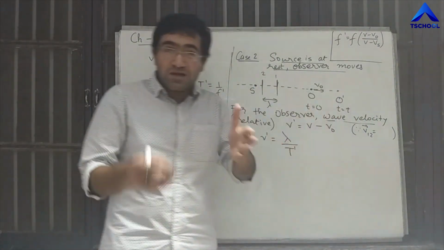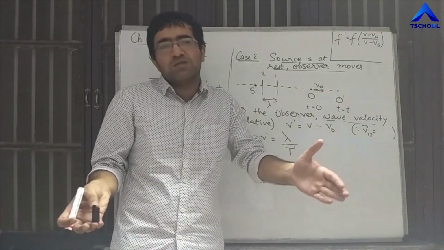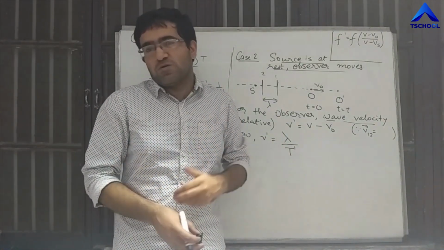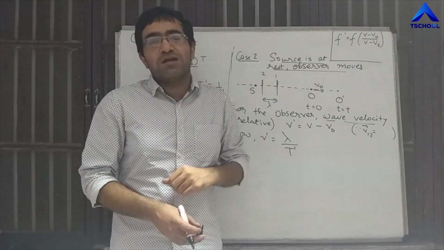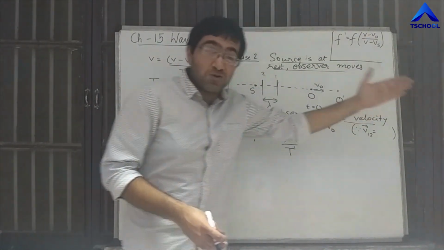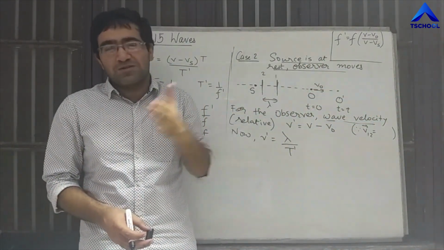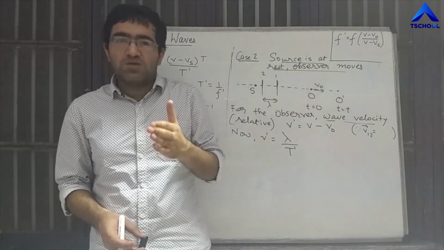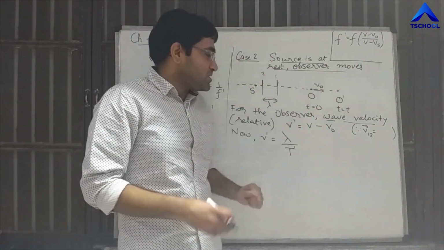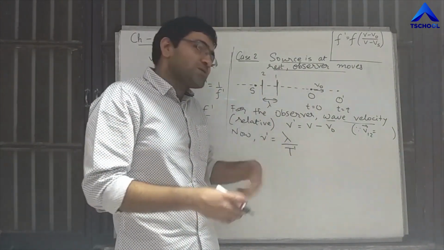So the duration between two crests reaching the observer is not going to be capital T. It's going to be more if the observer is going away, and less if the observer is coming close to the source. So it's not capital T, it's T dash.